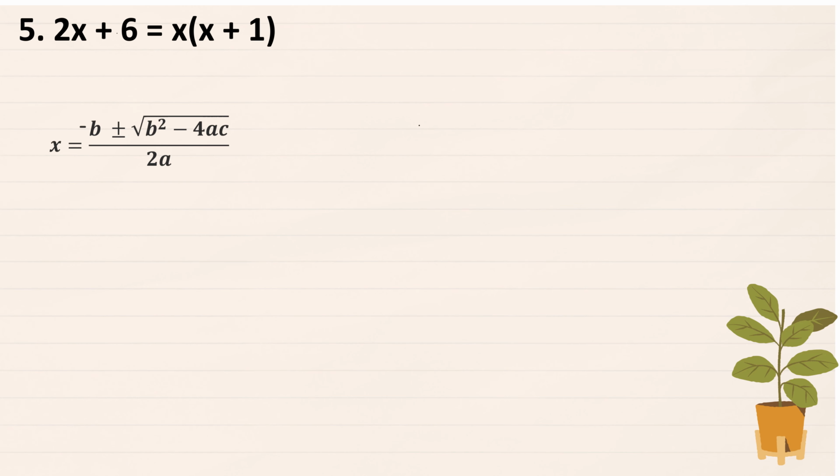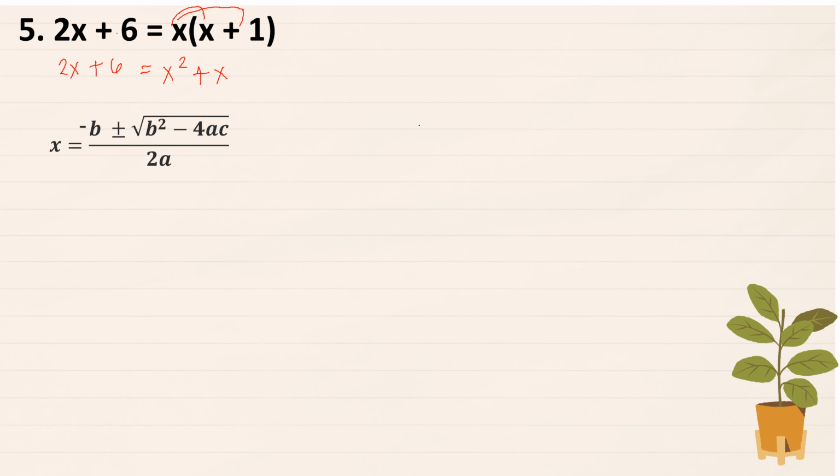2x plus 6 is equal to x times x plus 1. So as you have seen, they are not yet in standard form and we need to remove the grouping symbol, which is a parenthesis. So we will be rewriting 2x plus 6 is equal to, distributing the x there, so x squared, and then x times 1 will be x. It is known that all the terms should be transposed to the left.